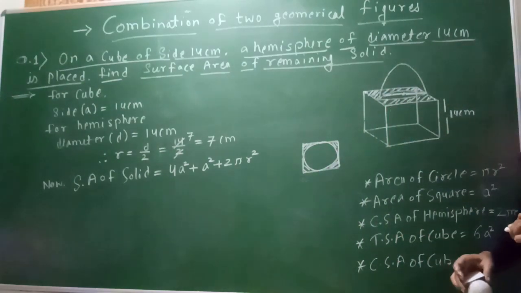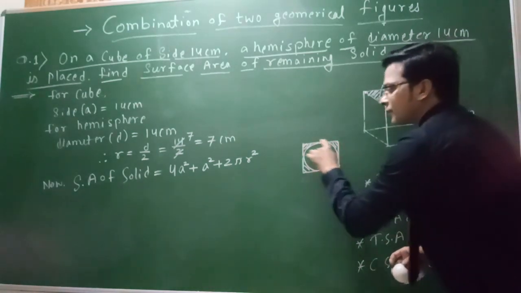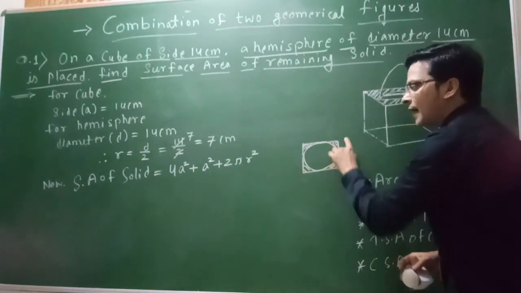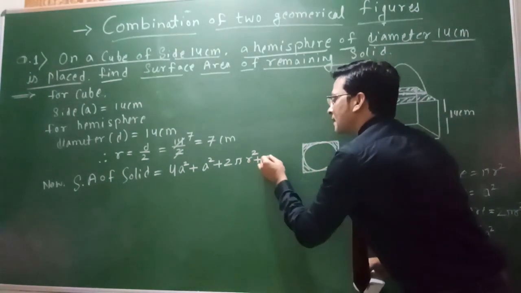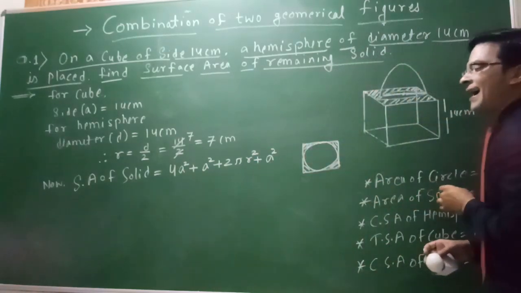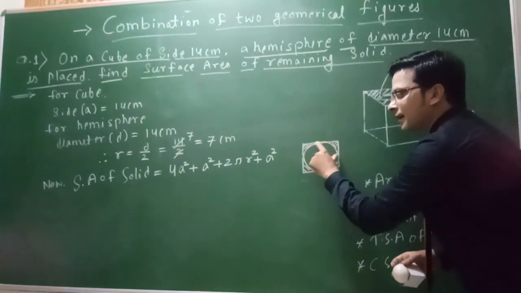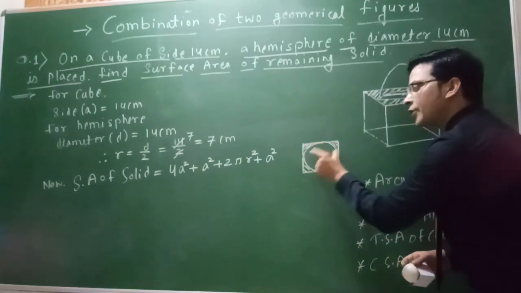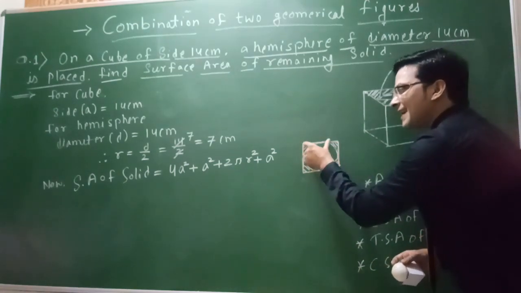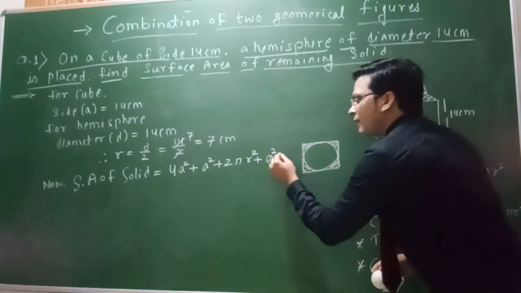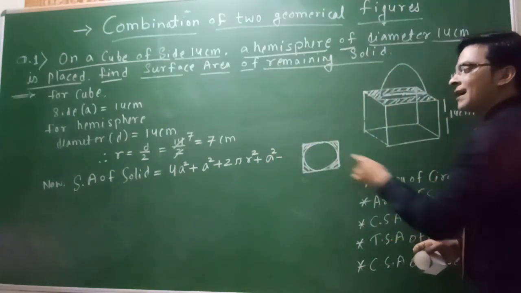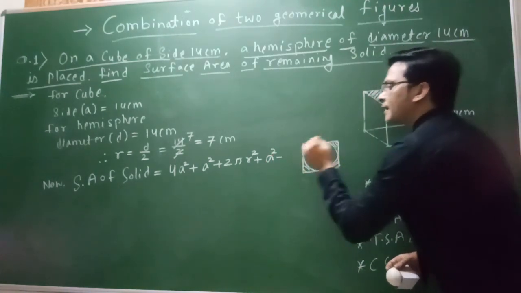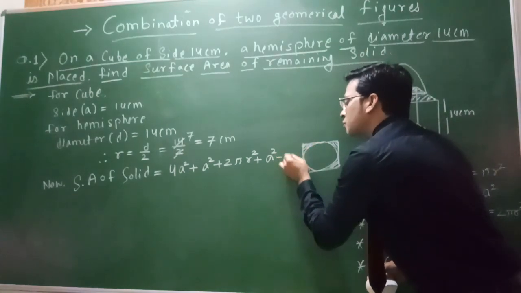How can we find it? First, this figure is a square, so we write plus area of square. We don't need this circle, so we have to remove the area of the circle from the area of the square. That means minus area of circle, that is pi r square.